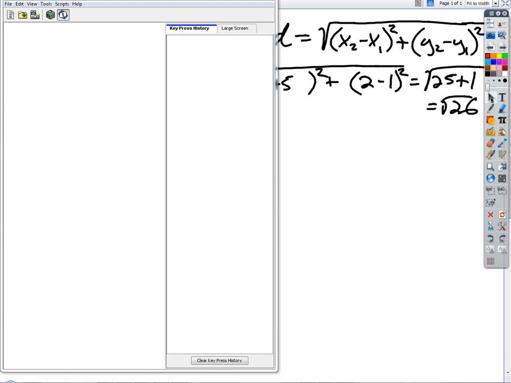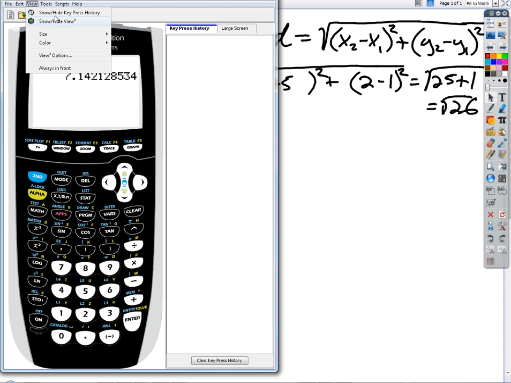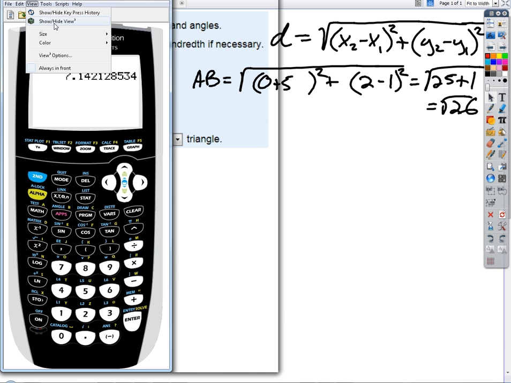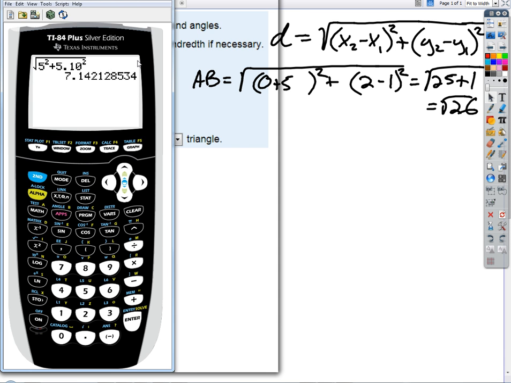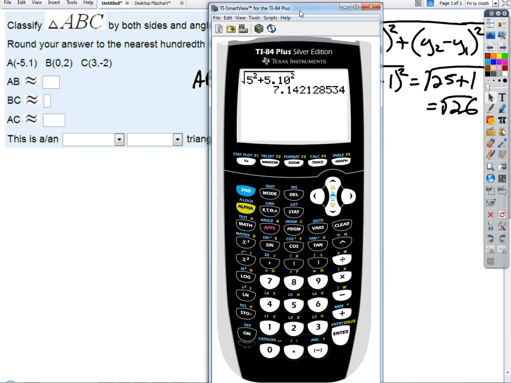The square root of 26 is 5 point, to the nearest hundredth, what is that?